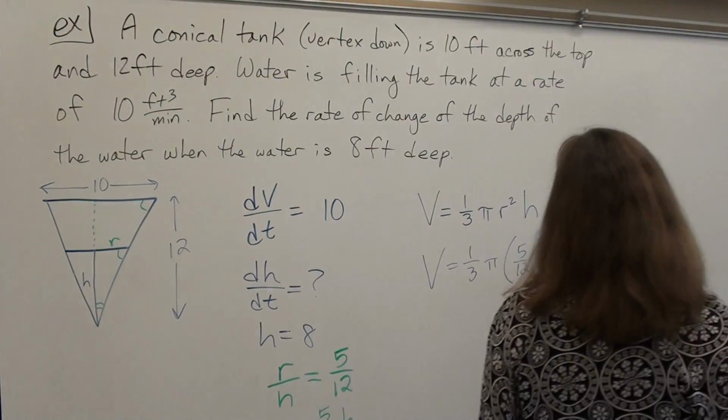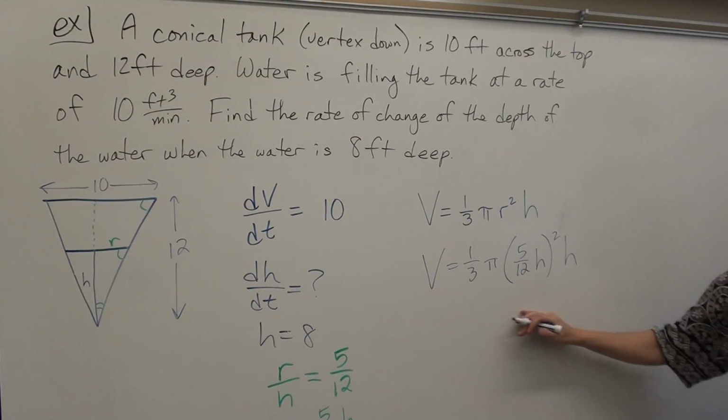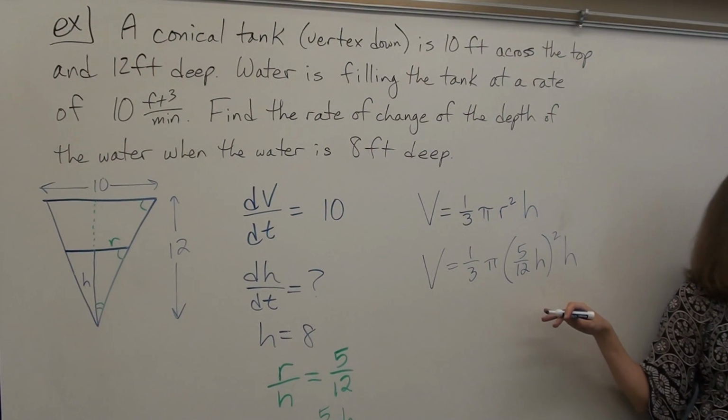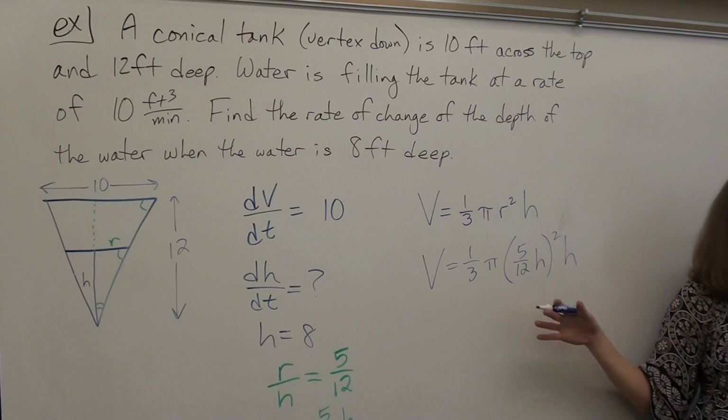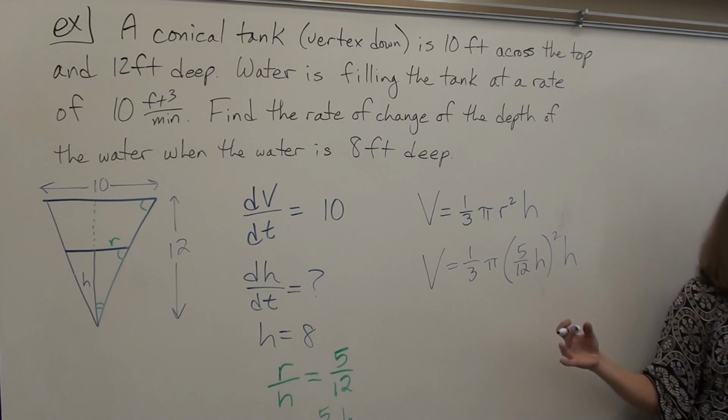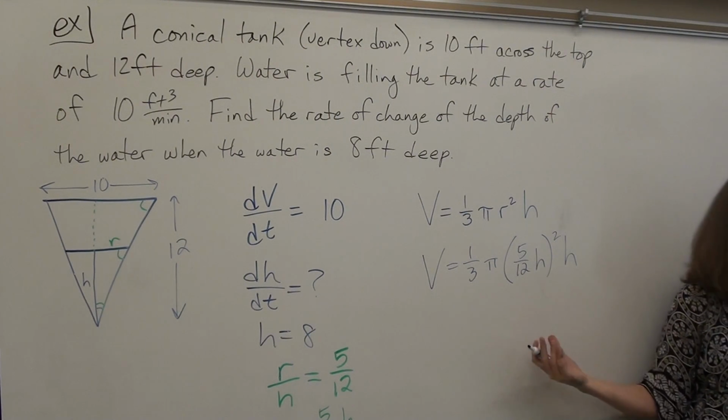Please do not differentiate this, because this would require what rules? Chain rule and product rule, right? You could do it, it's just a little messy. It's much easier to simplify first.